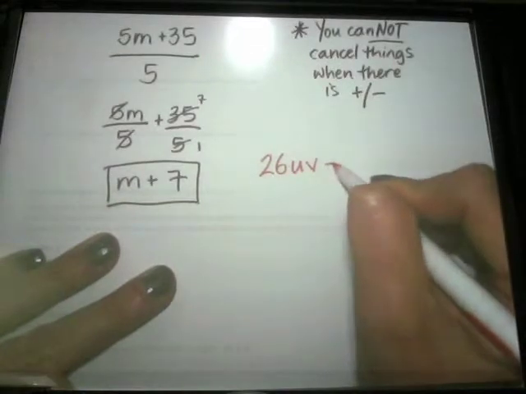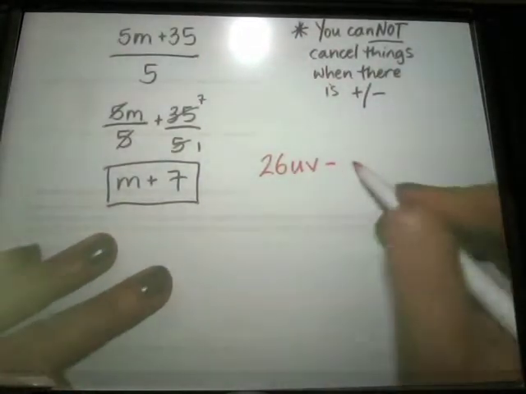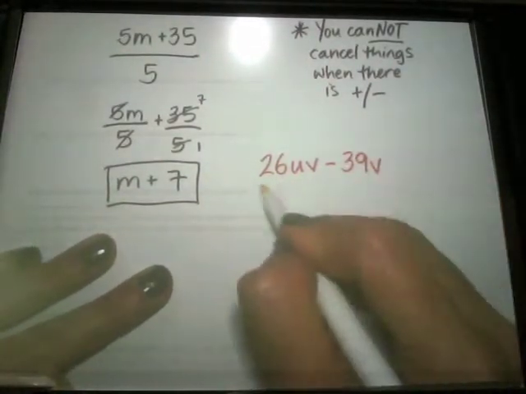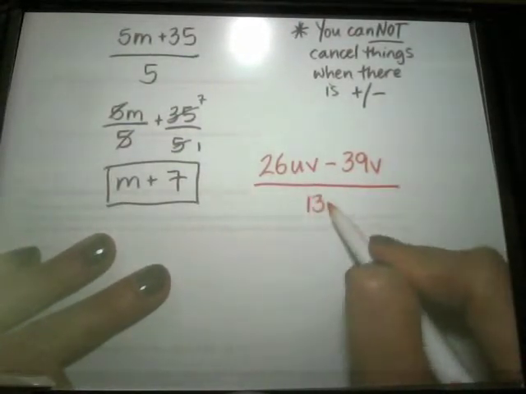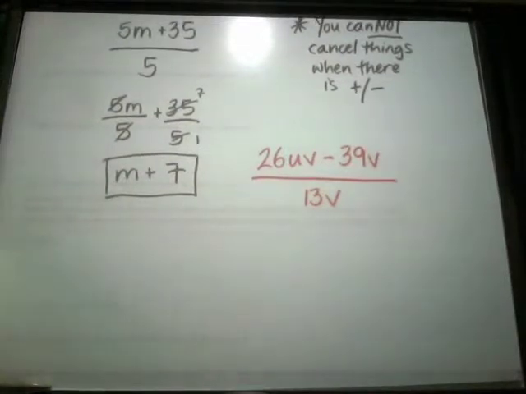26uv minus 39v, all divided by the factor of 13v. By the way, this denominator that they give you is the factor, the first factor, right? Just like we were doing before. And yes, in Friday's work, they showed this in parentheses and you found the other one.